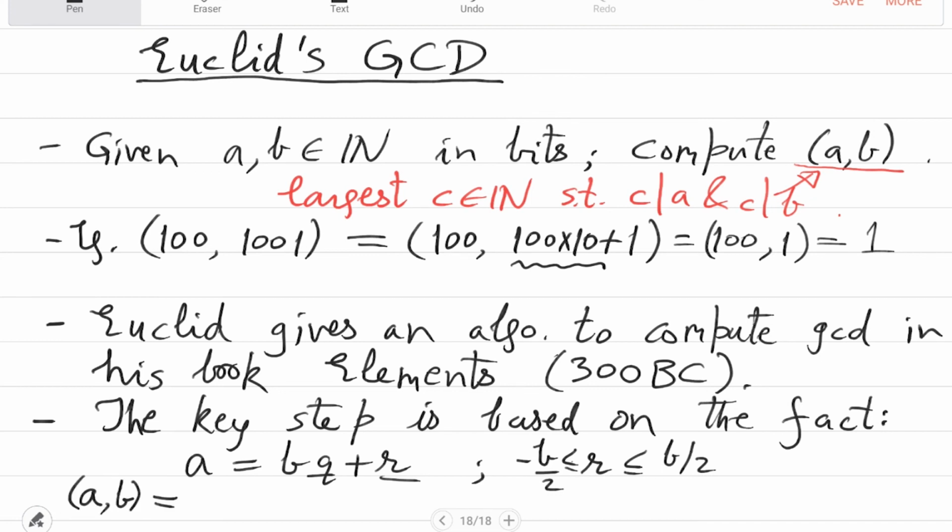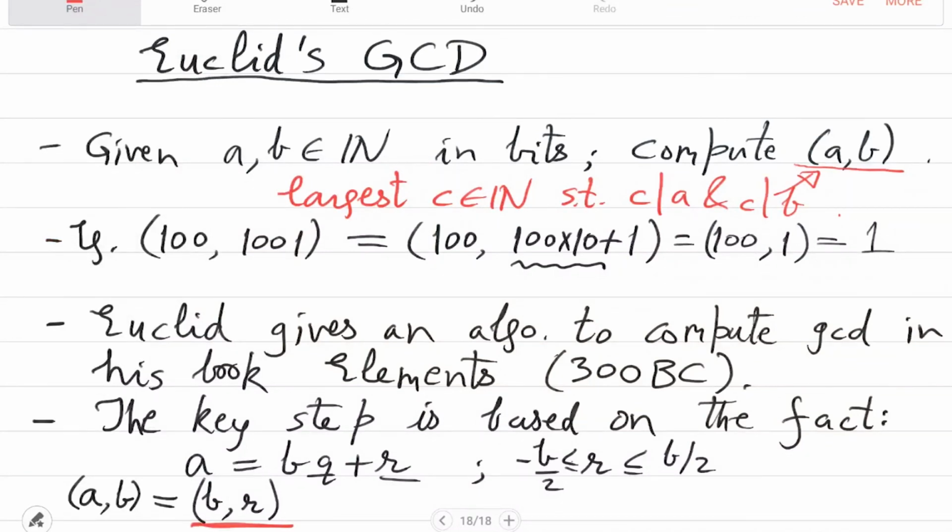So GCD of a comma b can now be simplified using R. Okay, so what is that simplification? Yeah, so note that since BQ is a multiple of B and you want to take GCD with B, it does not matter what Q is. So you drop that and you get R comma B. That is the key point.